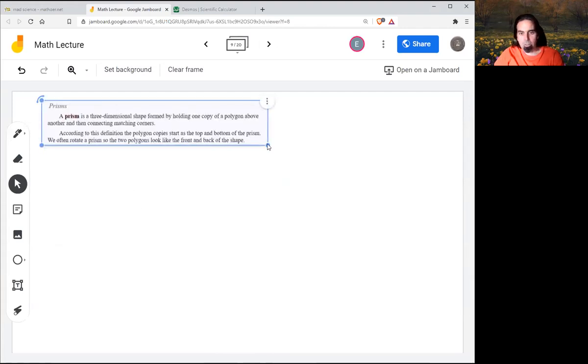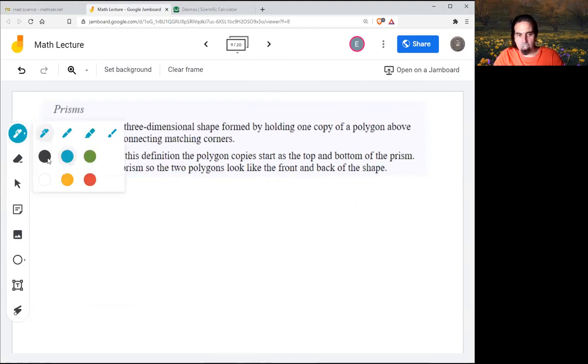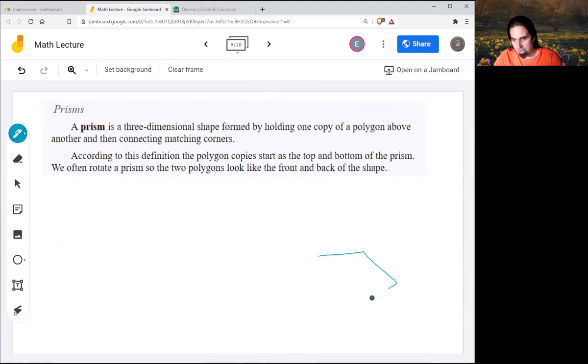So a prism is a three-dimensional shape formed by taking a polygon. Remember, that is a shape you make by having a bunch of straight lines. Doesn't have to be a pretty shape. And then we want to make a copy of that.